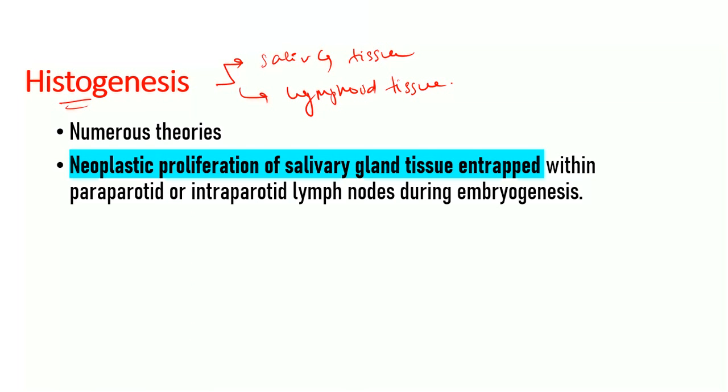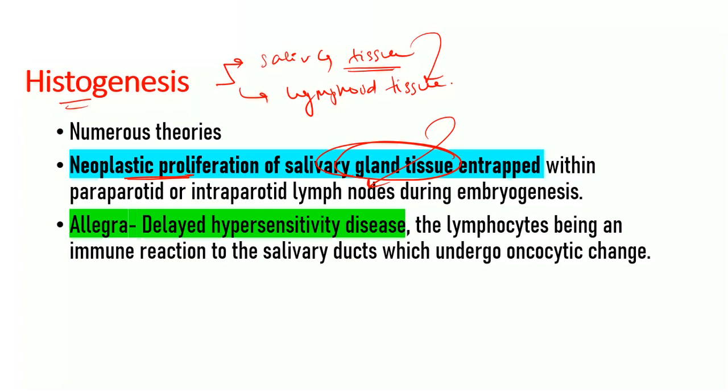One is to tell that there is a neoplastic proliferation of the salivary gland tissue which is entrapped in lymph nodes, or it can be a delayed hypersensitivity reaction to salivary ducts which undergo oncocytic change. Okay, so this is a delayed hypersensitivity reaction to salivary ducts, and in response to that you see abundant lymphocytes.